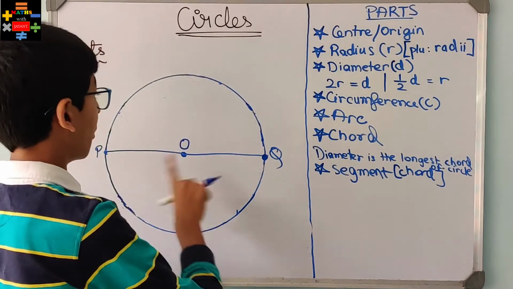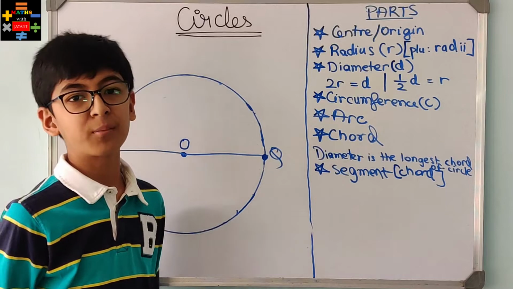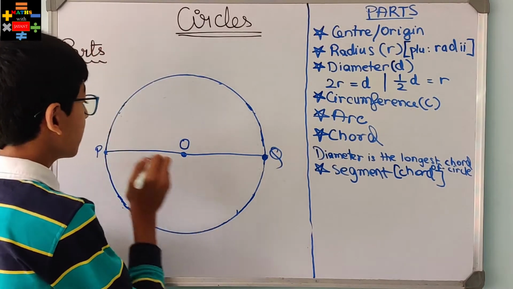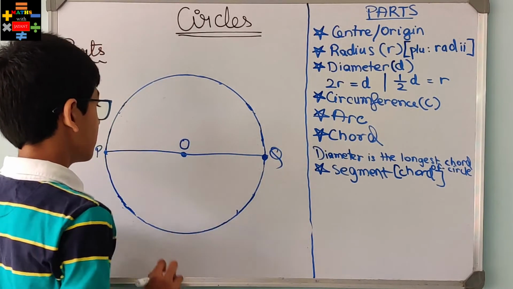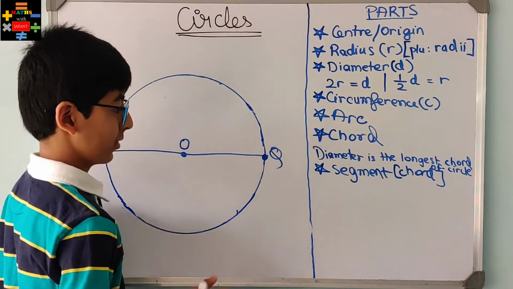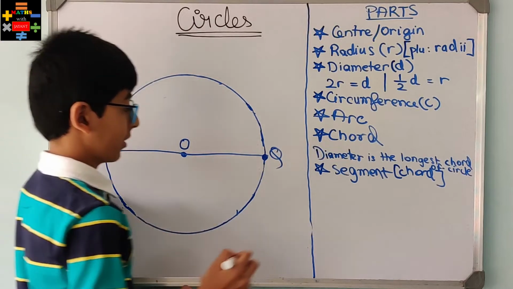Over here, both parts are equal, right? So you can't say minor segment, major segment. Therefore, whenever a diameter divides the circle, each part is called a semicircle.